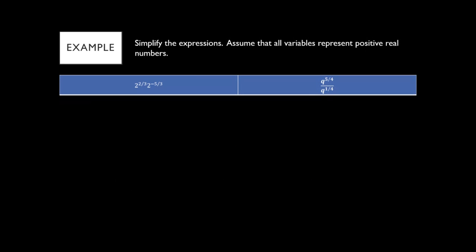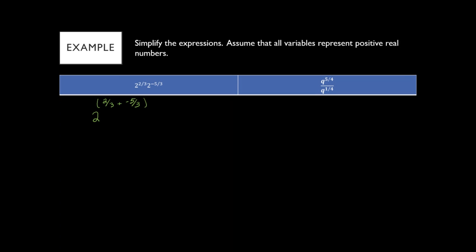So I'm starting with simple. These have a common denominator. That's going to make our life really easy. So we have 2 to the 2/3 times 2 to the negative 5/3. When you're multiplying things with exponents, you add the exponents. So we are going to have 2, and then we add the exponents, 2/3 plus negative 5/3. It's a lot easier when you have whole numbers.